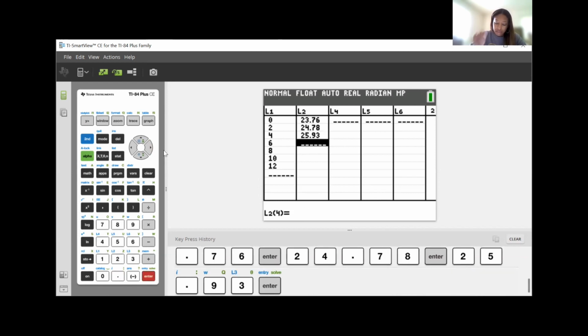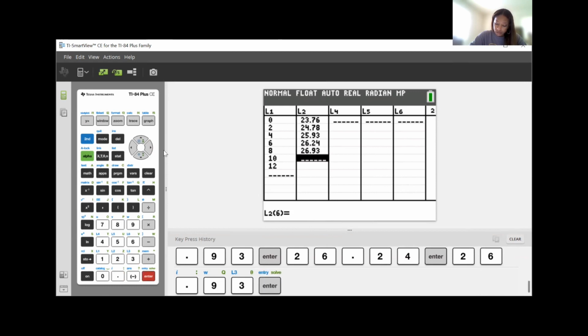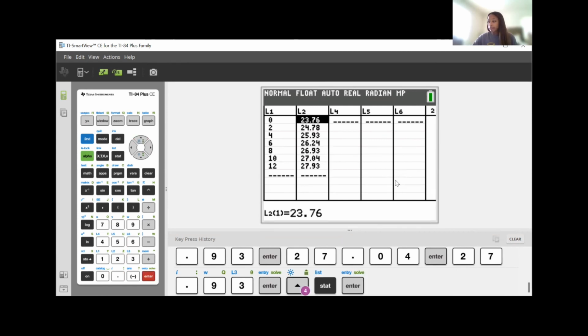And then 26.24, 26.93, 27.04, and lastly, 27.93. And you always want to go over your points and double check to make sure that you entered them correctly. All right, now we've told the calculator what data we're given.